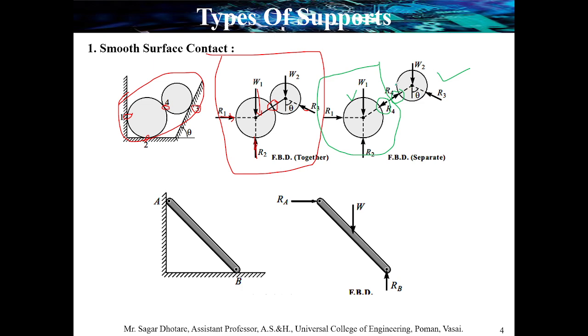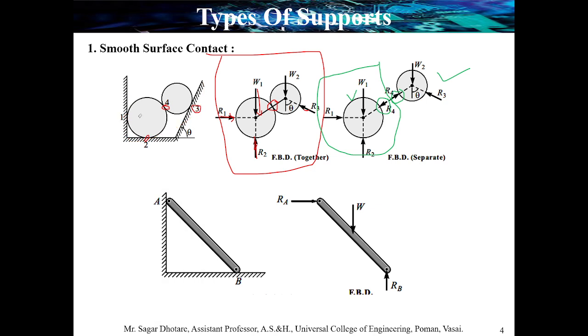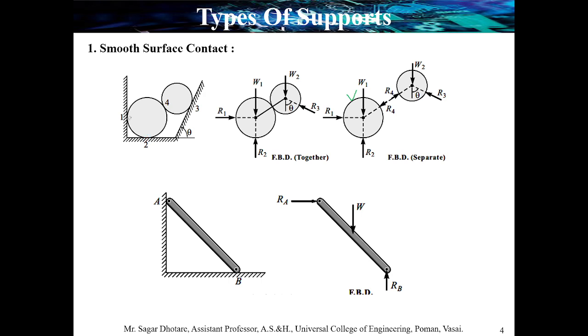Okay, so similarly you can identify the points of contact, and you can identify the reactions which occur during the free body diagram. You can identify that and you can mark it.